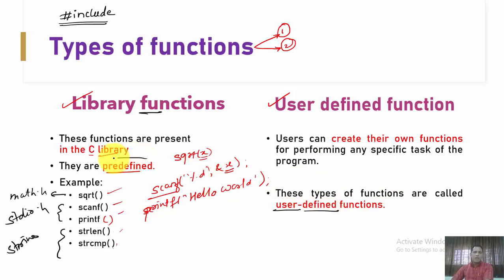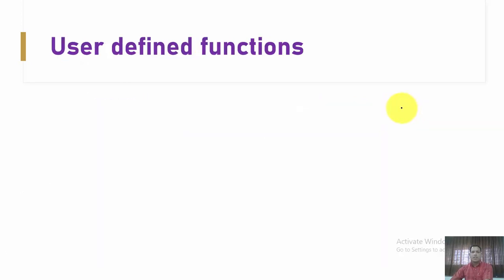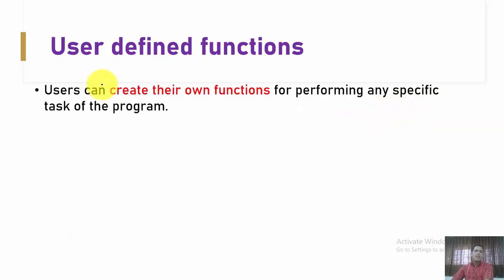In short, the predefined functions which are present in C or any programming language are called library functions, whereas the code or function written by the user to perform a specific task is called a user defined function. Here we are going to focus more on user defined functions.